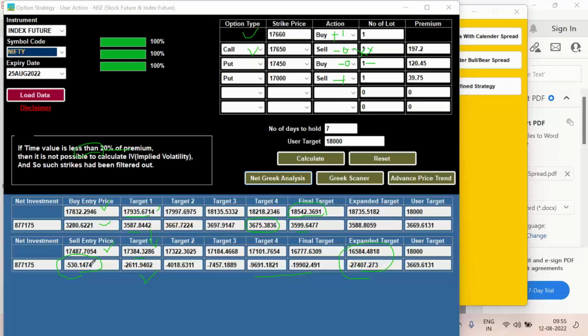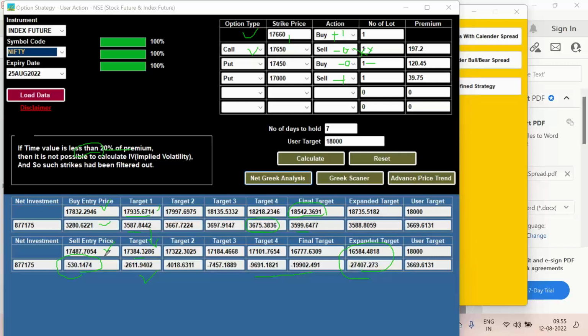Again I will repeat, it is a conservative strategy, because profit does not have exponential growth. From 17,800, the profit merely increases by 400 points even if the Nifty moves a further 300 to 400 points. So there is no point in holding this strategy. Initiate at 660 level, book the profit at 830 level, or book the loss at 487 level and come out.